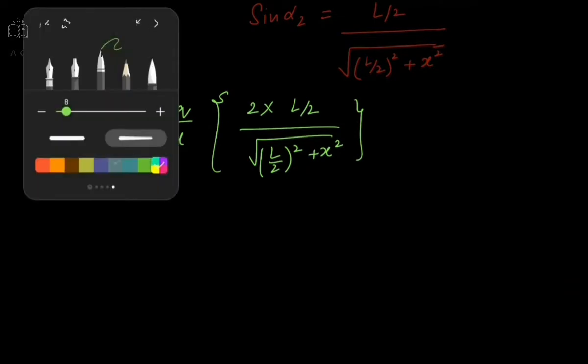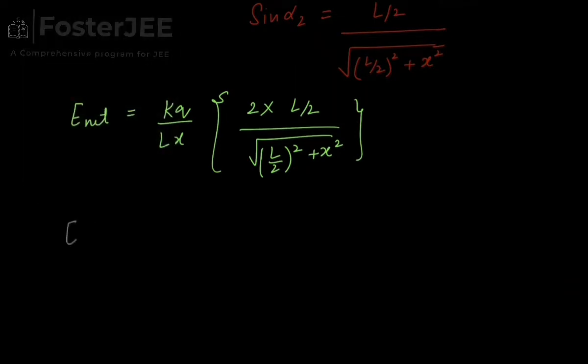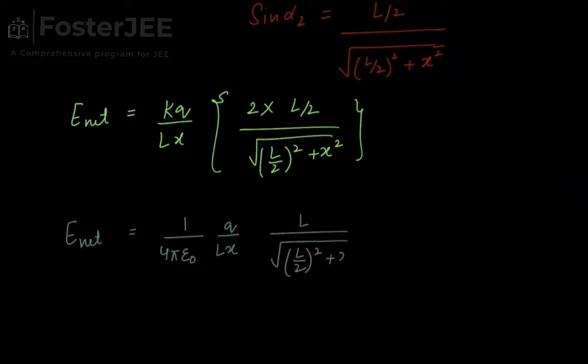In short, we can write E net as 1 upon 4 pi epsilon naught q upon Lx into L upon root over (L upon 2 square plus x square).